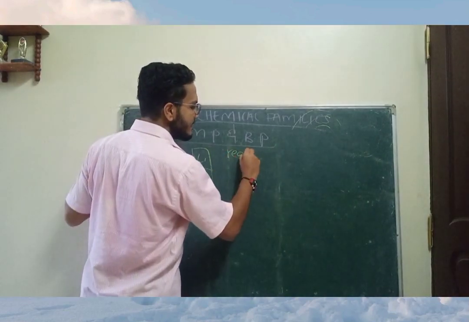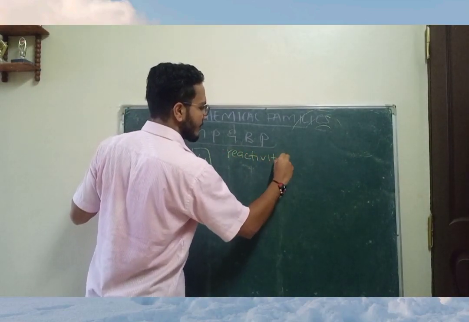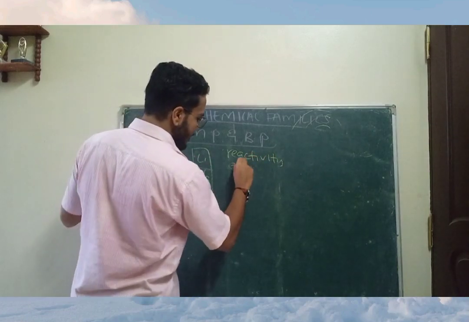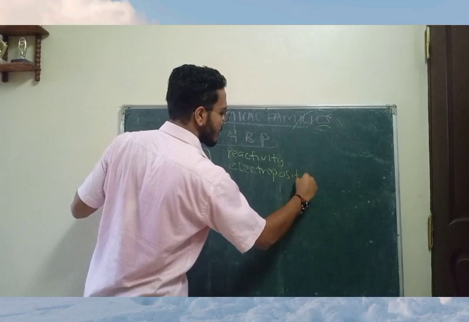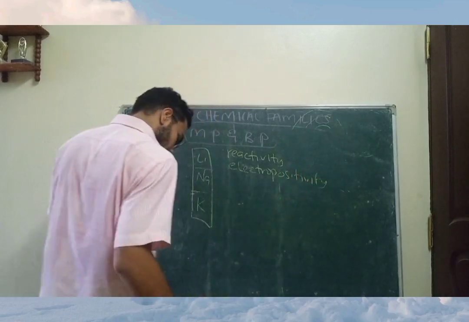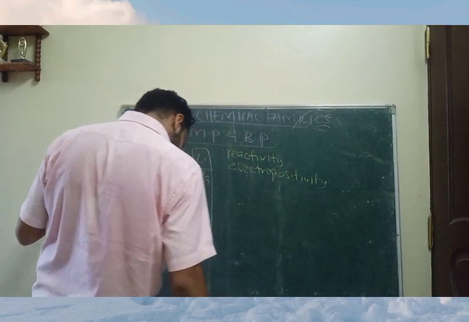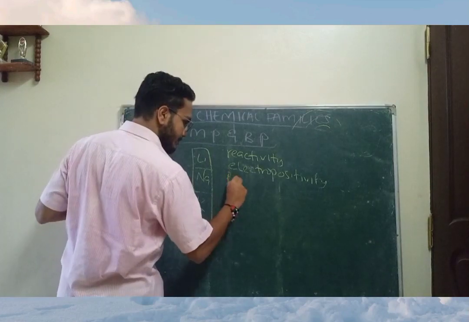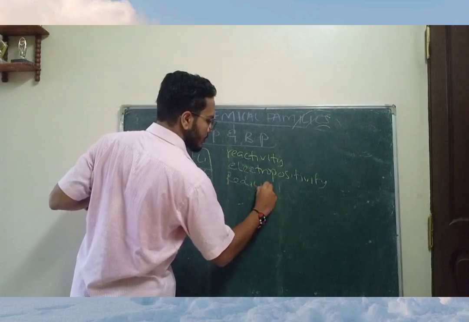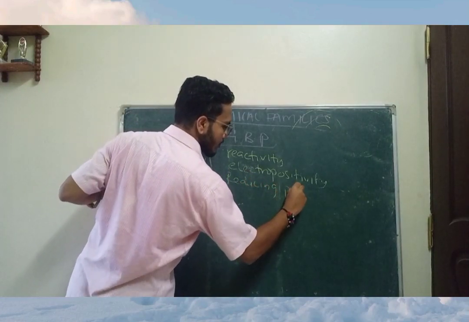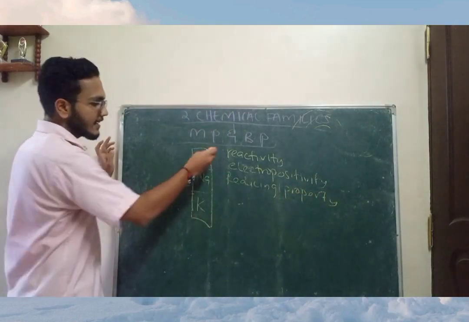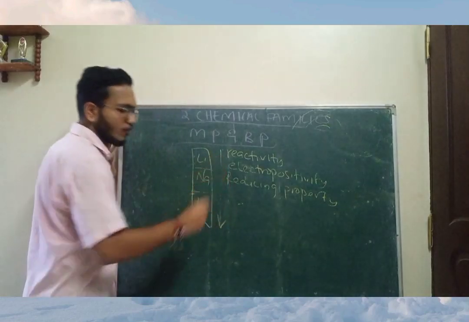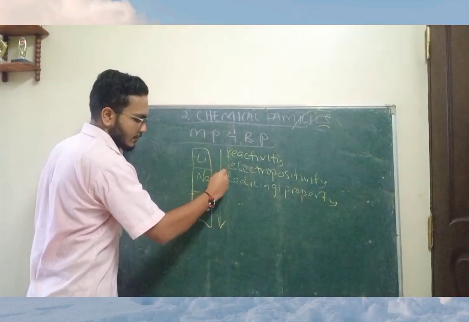Reactivity increases, electropositivity increases, and reducing property increases. These three increase down the group, as we already gave explanation for them.